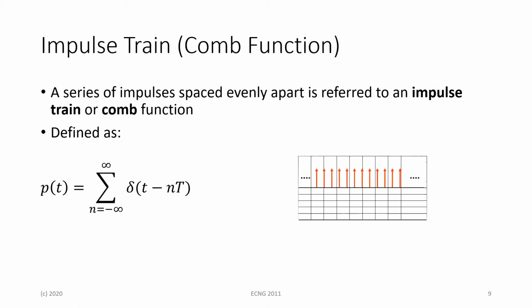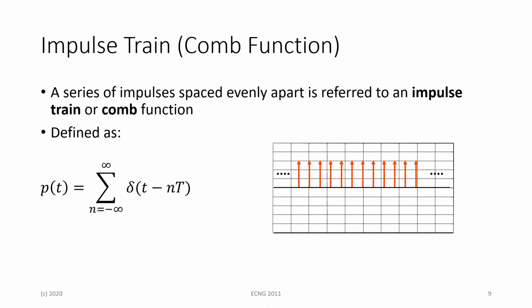Alright. So, an impulse train, which is also referred to as a comb function, is basically just a series of impulses which are spread by capital T, where capital T, as we saw from our previous lecture, was our sampling time. Capital T, in this case, as we can see here in the equation, represents the time intervals at which our samples are taken.